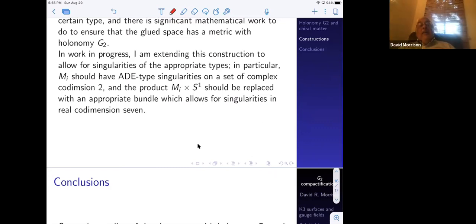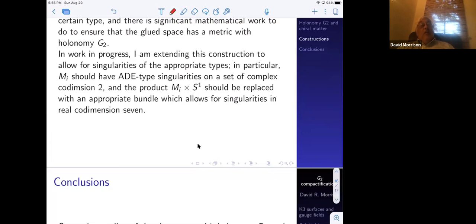So in this context, I didn't really explain this too much, but one thing that happens in this twisted connected sum construction is that the space M_I has a K3 fibration.